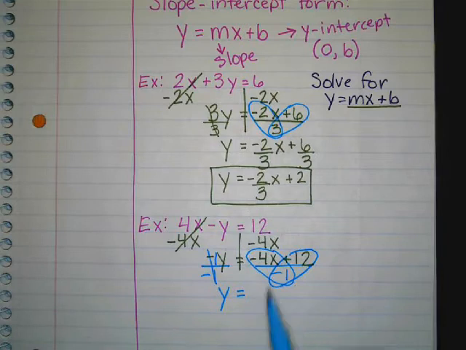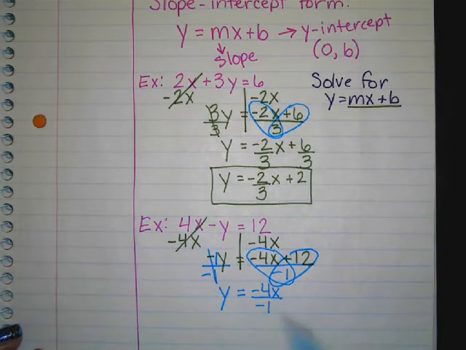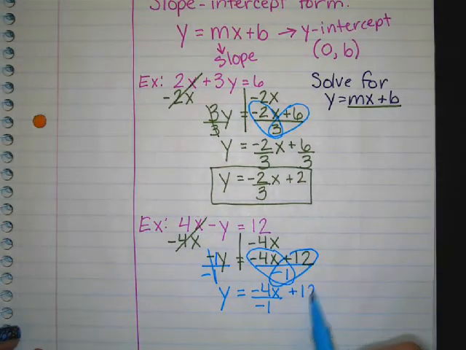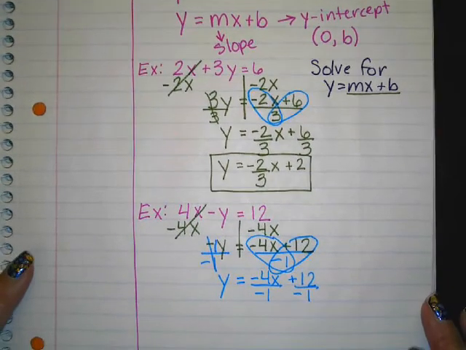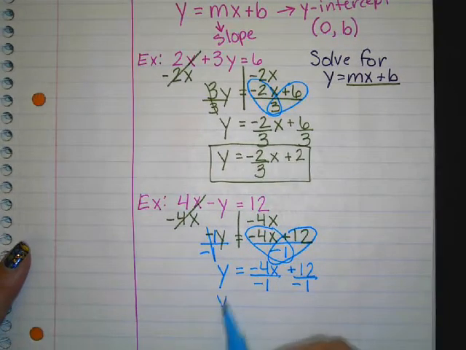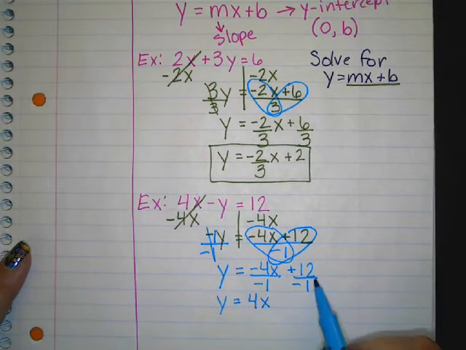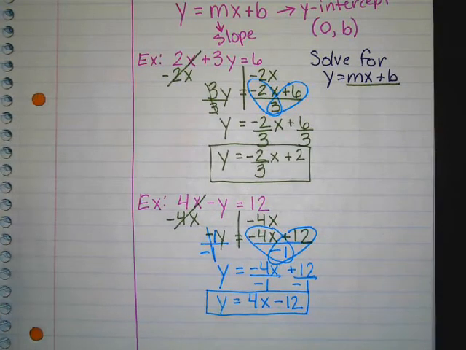So we end up with negative 4x divided by negative 1, and the positive 12 divided by negative 1 on this side. Let's simplify further. Negative 4 divided by negative 1 is just a positive 4, so it's 4x, and 12 divided by negative 1 is negative 12. So my final equation that I would be graphing is y equals 4x minus 12.